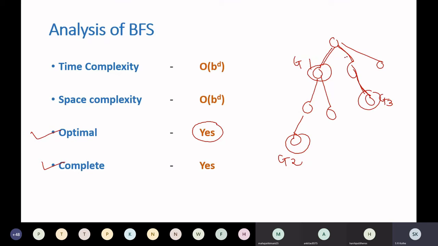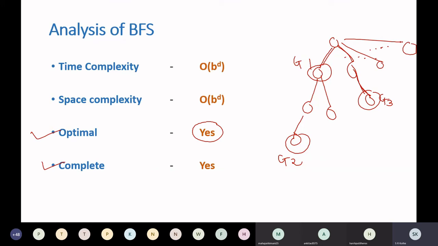That means the branching factor is infinite. If it is infinite, in that particular case, again the algorithm will not be complete. But since it is complete, I have written there, that means the branching factor cannot be infinite.